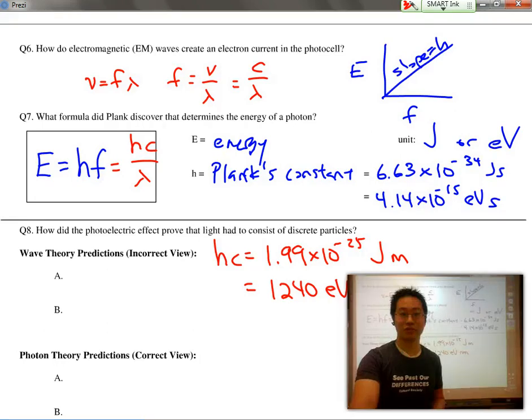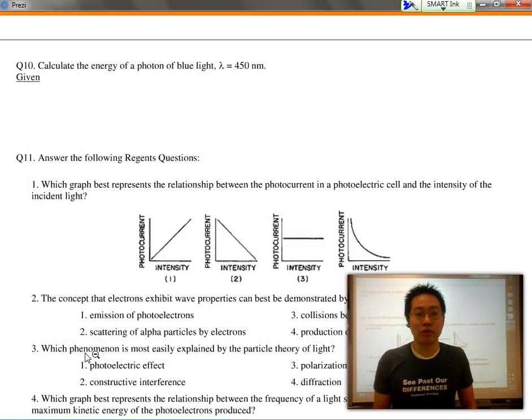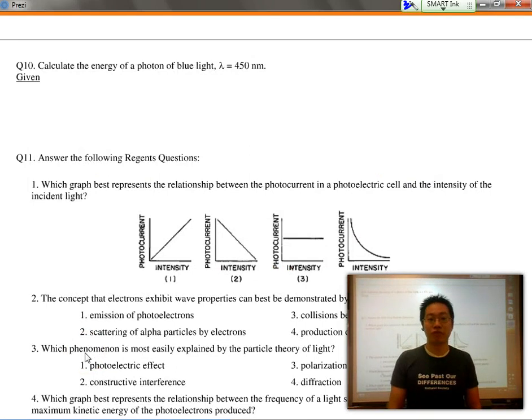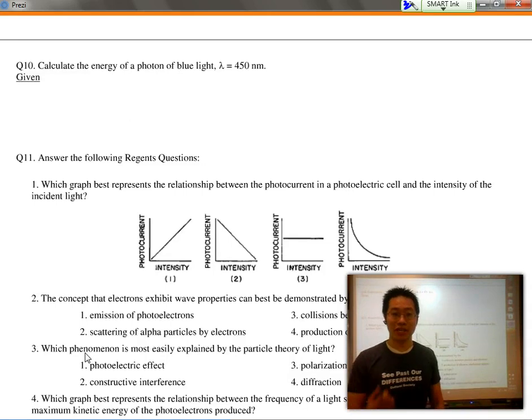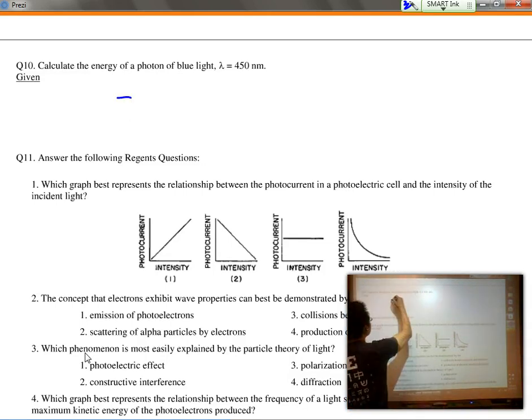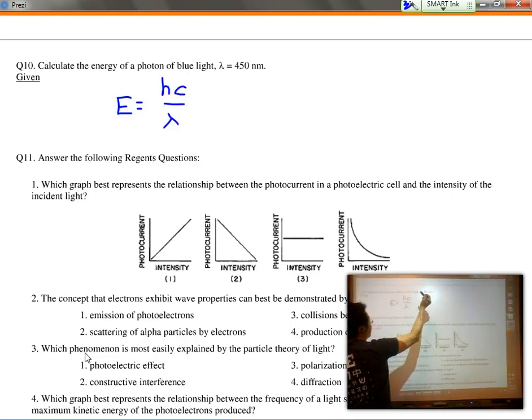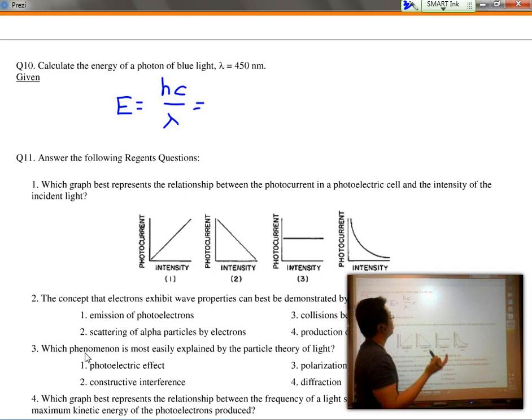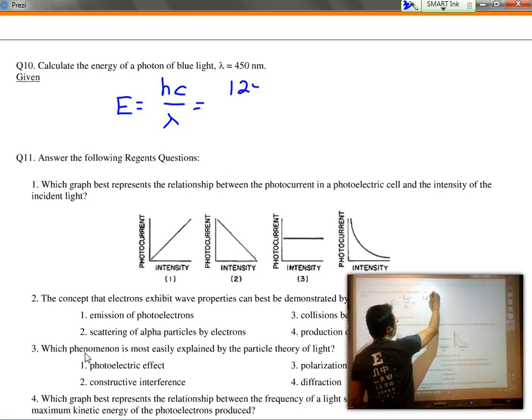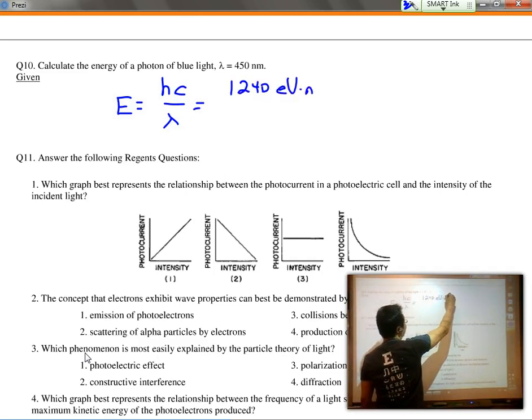In this example question over here, we're given the energy of a photon of blue light, the wavelength being 450 nanometers. So if I wanted to calculate the energy of this photon, which we'll talk more about later on, E is equal to hc over lambda. So it would equal 1240 electron volt nanometers.